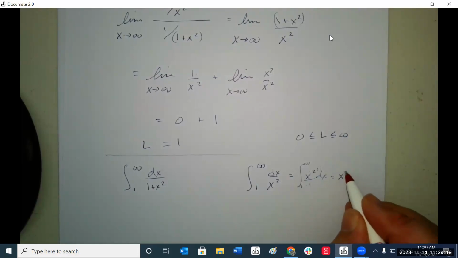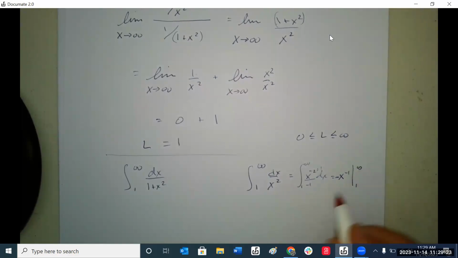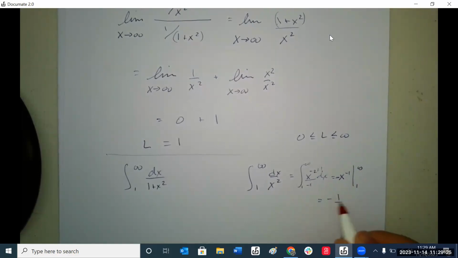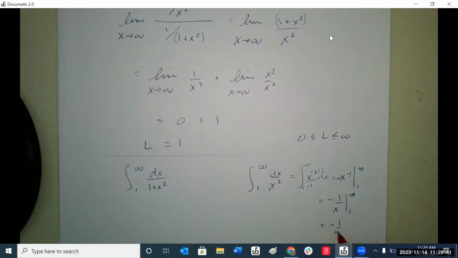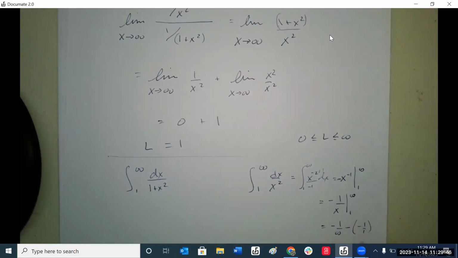So x to the power -1 from 1 to infinity is -1 over x. So this is -1 over infinity minus -1 over 1.